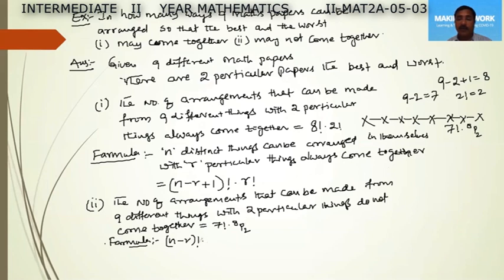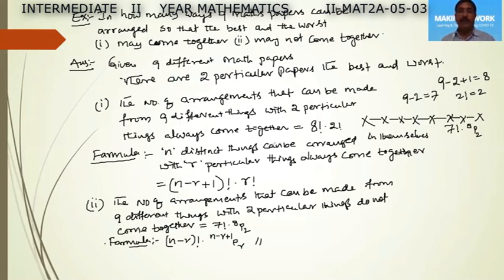So how many elements are arranged here? n minus r. Therefore, the number of blanks in between every 2 elements and at either of the ends will be n minus r plus 1. Now in these n minus r plus 1 blanks, those particular r elements can be arranged in (n minus r plus 1) P r ways.